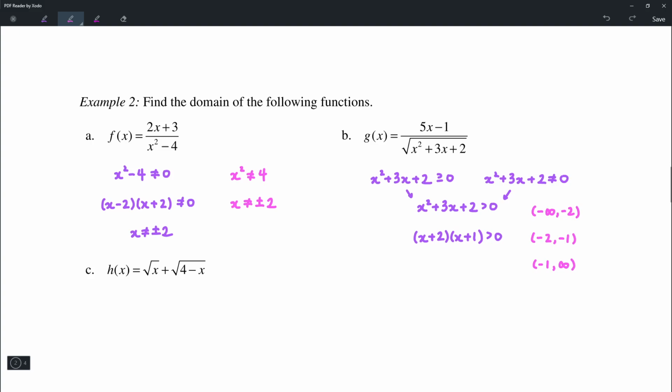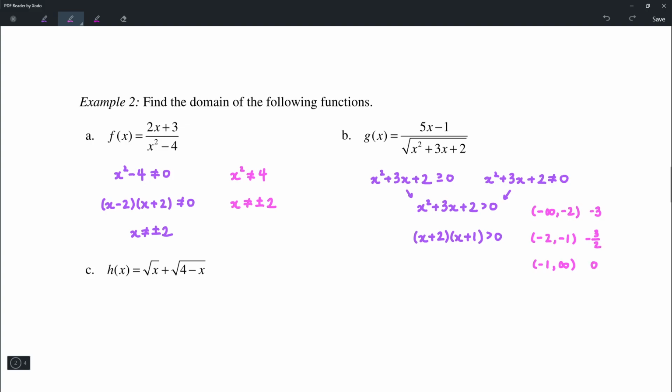And we can test each interval by choosing numbers in those intervals. So for example, we can test here x is -3. Here we can test x is equal to -3/2, for example. And here we can test x equals 0.